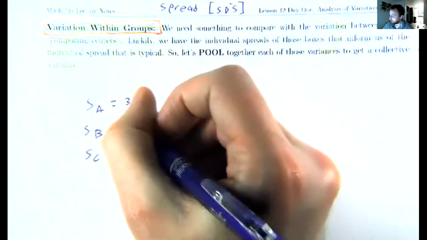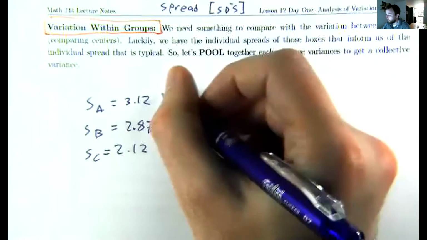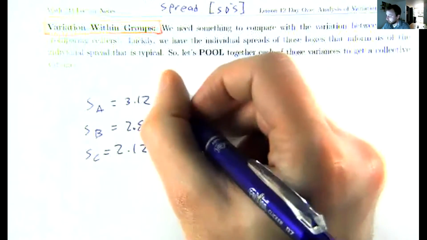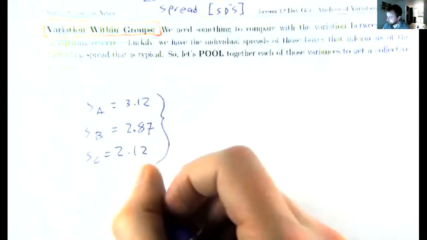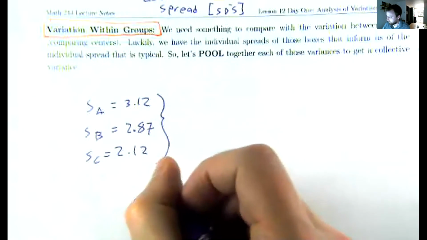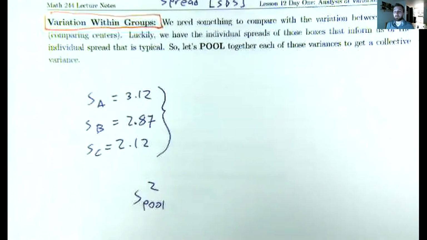My standard deviation for the B group was 2.87. So I want to end up with a variance that looks at all of this inside variation between the groups. So variation within, I'm going to take all of this spread based off the size of the boxes, and I'm going to see if I can combine this together.